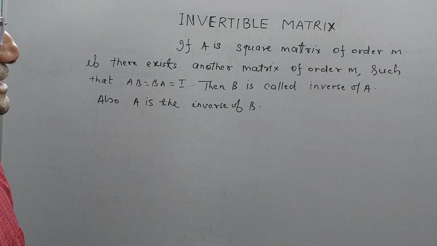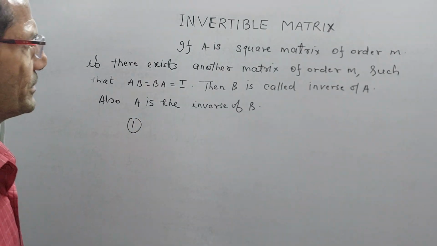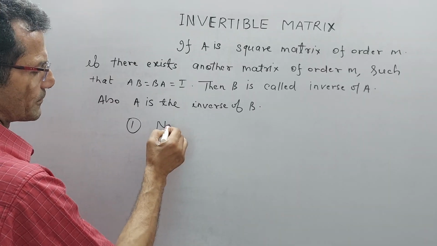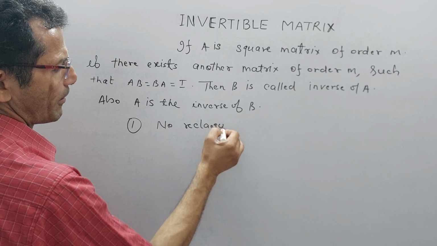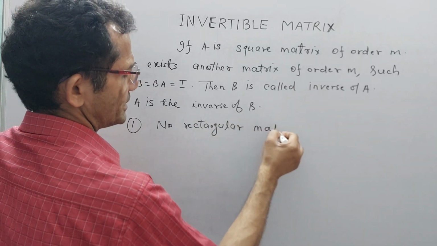So another things about the invertible matrix. So first, no rectangular matrix can have inverse.